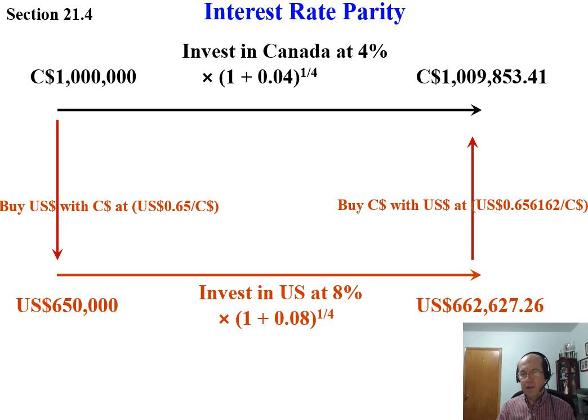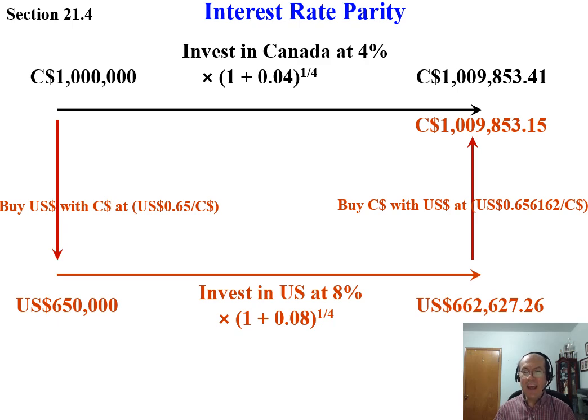So in order for us to compute how much we'll have in Canadian dollars, we will divide $662,627 by the forward rate, because US dollars will cancel each other and Canadian currency units will move into the numerator. And how much will we have in Canadian dollars? We will have 1,009,853 Canadian dollars and 50 cents.